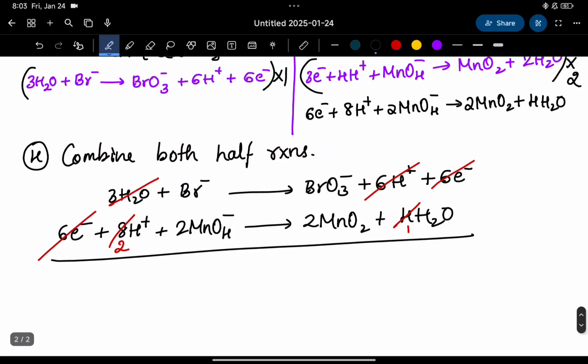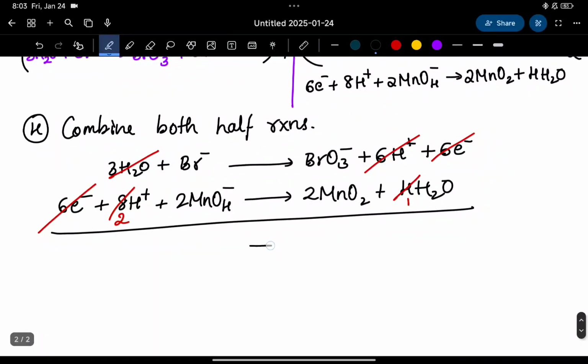So after cancelling, you just write the final reaction. Whatever is present on the left hand side of these arrows, you write on the left hand side, and whatever is present on the right hand side, write it on the right side of the arrow. So on the left hand side we have Br- plus 2MnO4- plus 2H+.